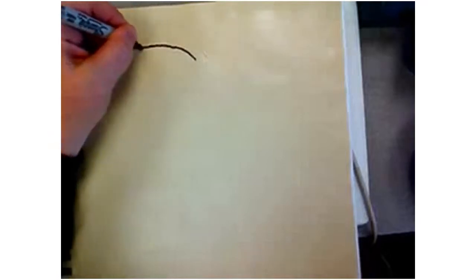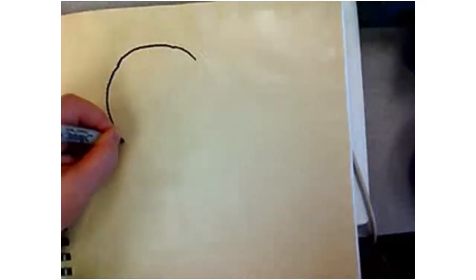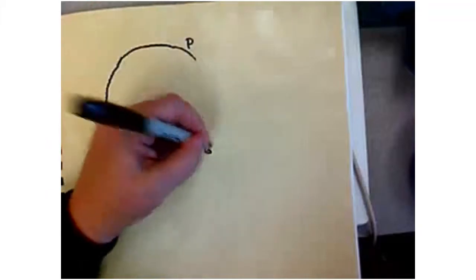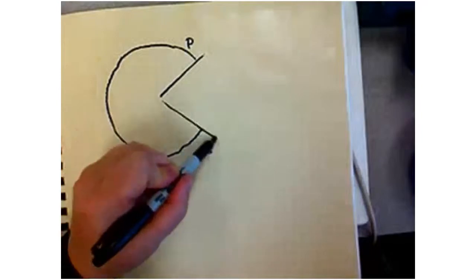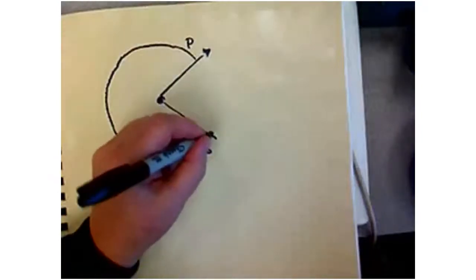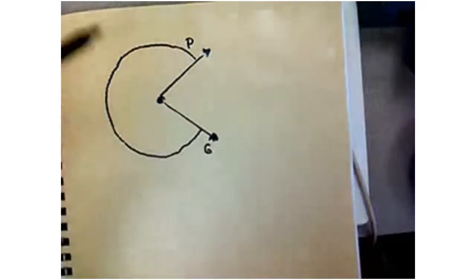Turn the page. Major arc, the other side. So they do the same exact circle, and then they heavily dot the major arc from P to G, which is counterclockwise. We have 2 rays, OP and OG, that are the radii of the circle, but then they extend them beyond the circle to show you have an angle.